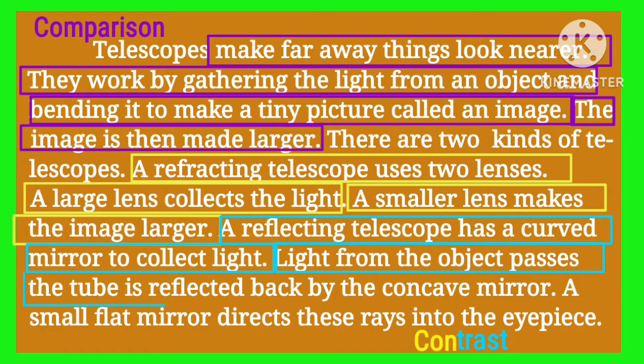Light from the object passes the tube and is reflected back by the concave mirror. The small flat mirror directs these rays into the eyepiece. Kids, I hope you understand both the similar and different characteristics of the two kinds of telescopes.